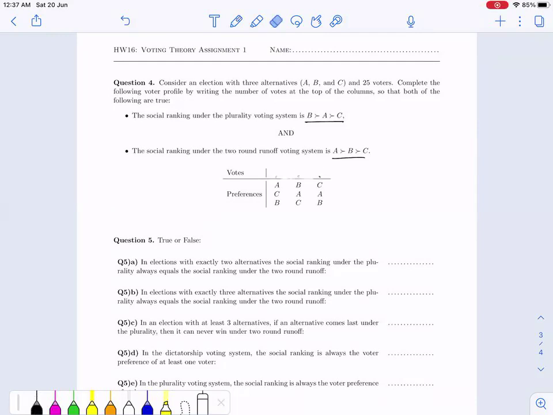Let's say C just has one. Sorry, actually, it does matter how many votes C has, but it needs to be the least.